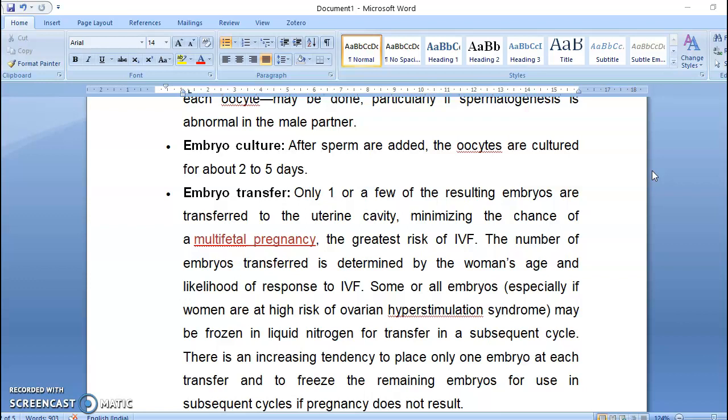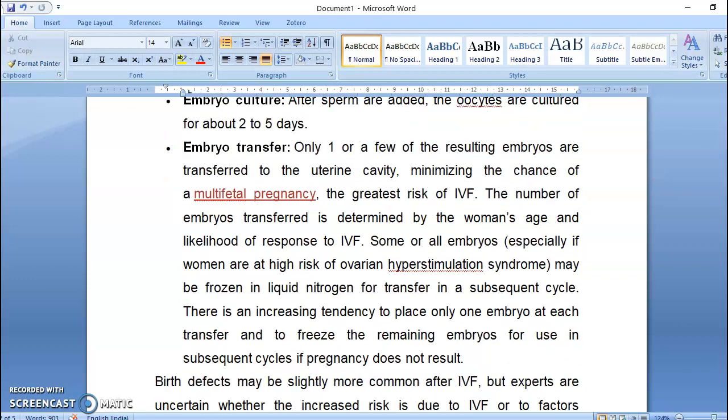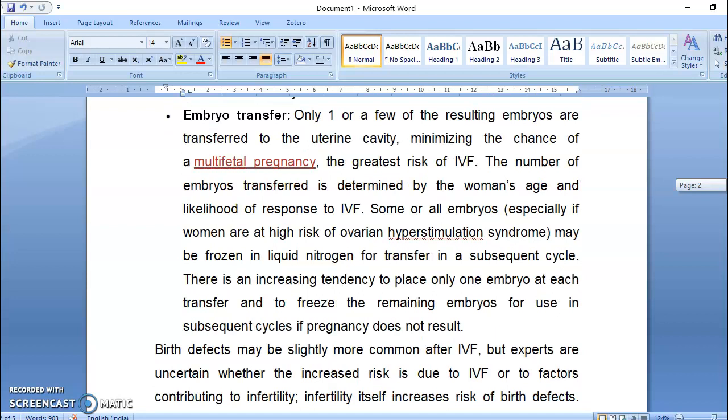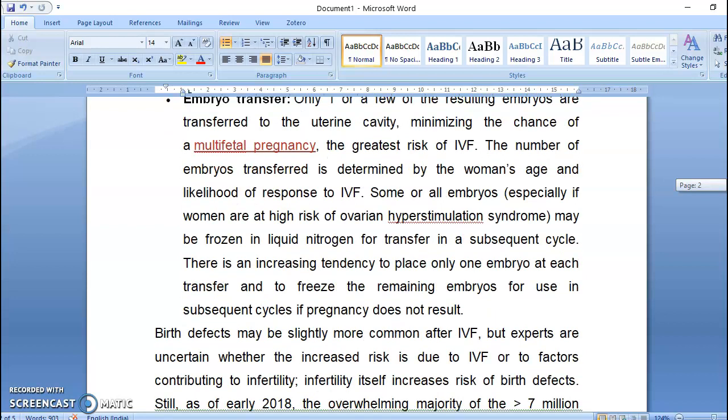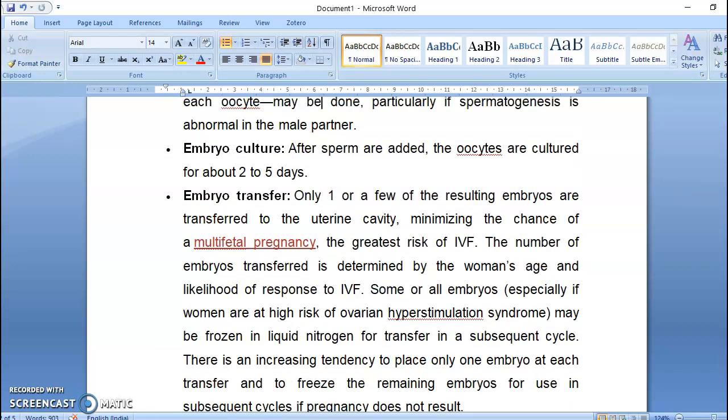So there is an increasing tendency to place only one embryo at each transfer and to freeze the remaining embryos for use in a subsequent cycle if pregnancy does not happen the first time. So those are the common steps we opt for in IVF.